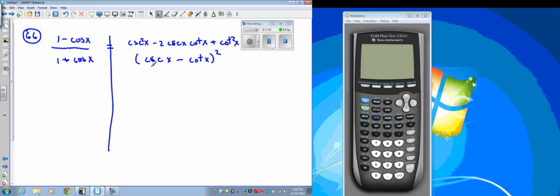See, this is 1 over sine, and that is cosine over sine. I don't know.